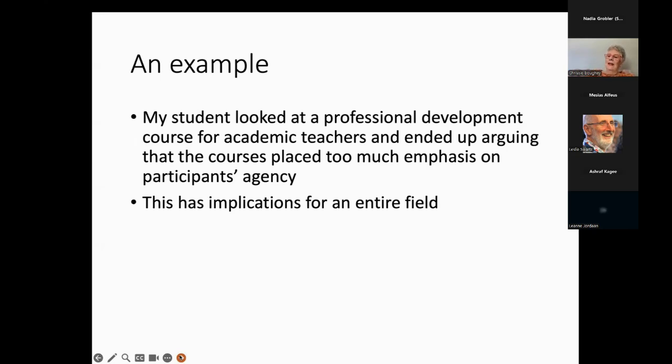Now, that was a very interesting finding because it challenged big assumptions made in the universities themselves. So think hard about your findings and what is it that's really, really interesting about the findings.